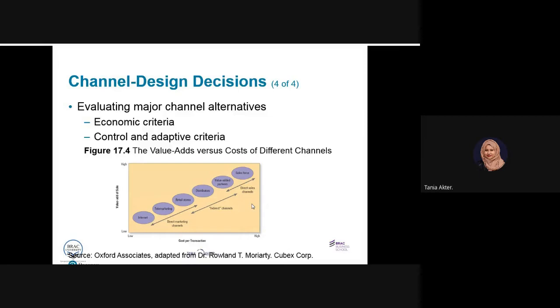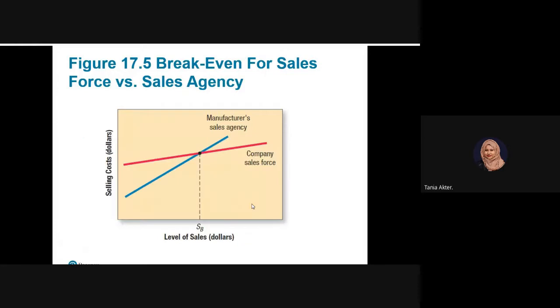Now the other criteria is comparing sales and cost. There is another figure which is telling you the break-even point for sales force versus sales agencies. So you have this sales force and you have the sales agencies.